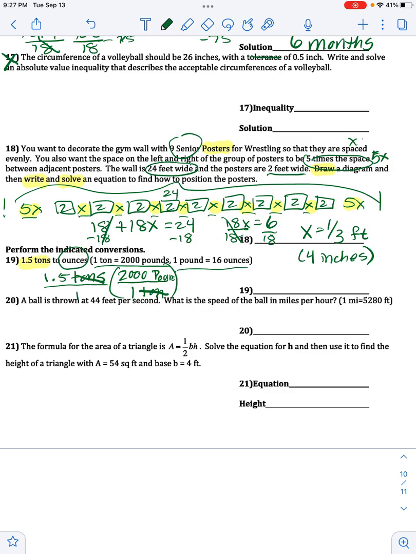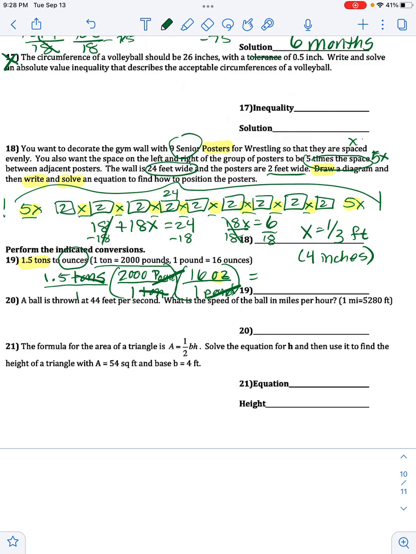So they gave me another conversion. So my next conversion, I currently have pounds on the top, so I'm going to need to put the 1 pound on the bottom from my conversion so that the pounds can cancel. And that leaves me with the 16 ounces on the top. And I'm actually going to be done with my converting because I have the ounces, which is what I'm trying to get. So I'm going to take the numbers on the top, 1.5 times 2,000 times 16.